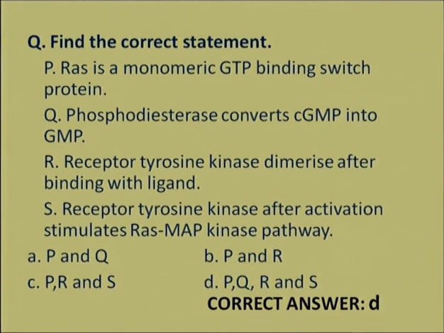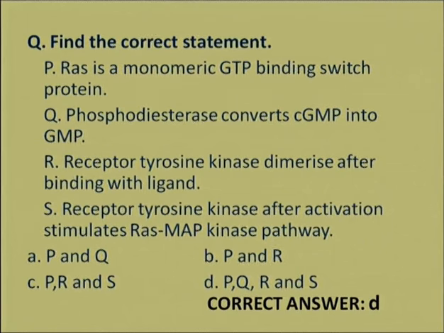Now we have to find the correct statement of these. The first one is RAS is a monomeric GTP binding switch protein. It is correct. RAS is involved after this particular autotransphosphorylation takes place. Then phosphodiesterase converts cyclic GMP into GMP. Yes, it is very correct, because phosphodiesterase will convert any such kind of cyclic nucleotides into normal or non-cyclic ones.